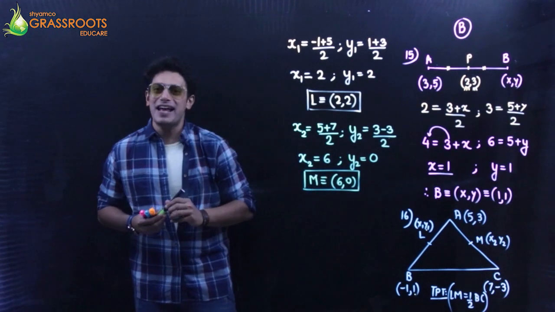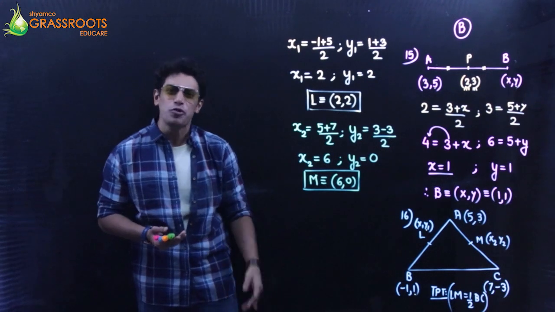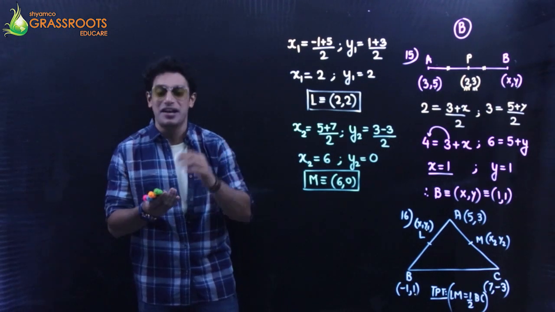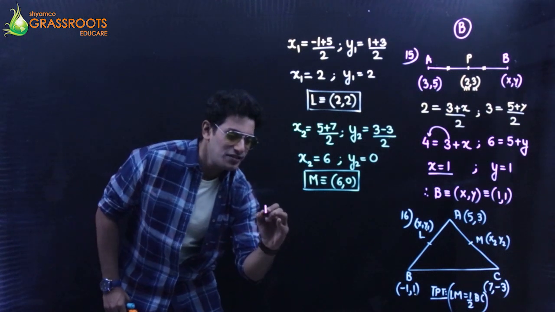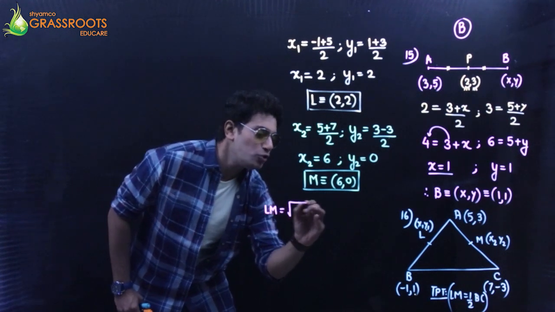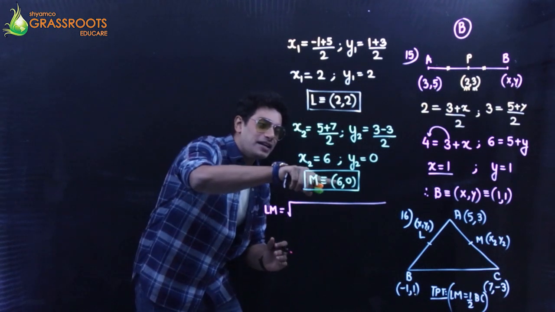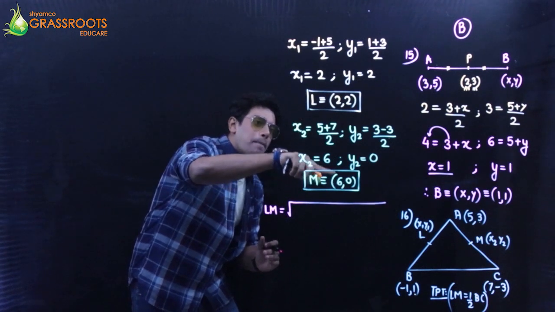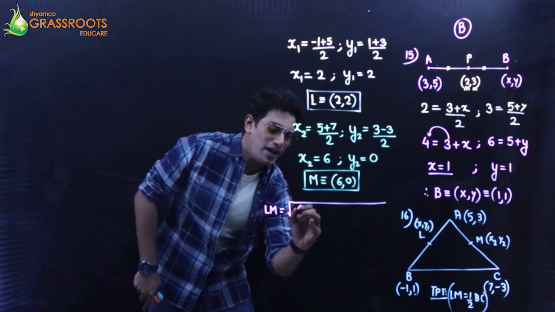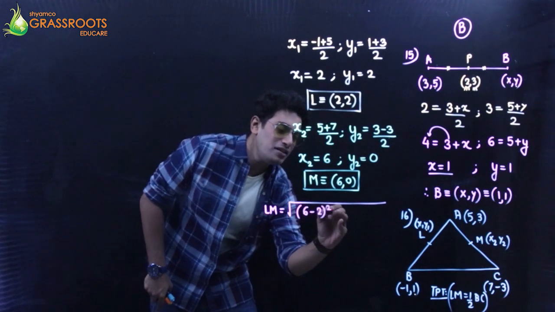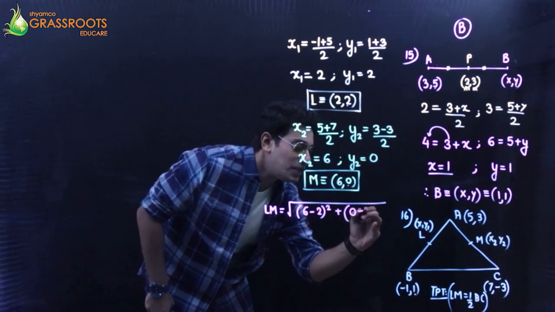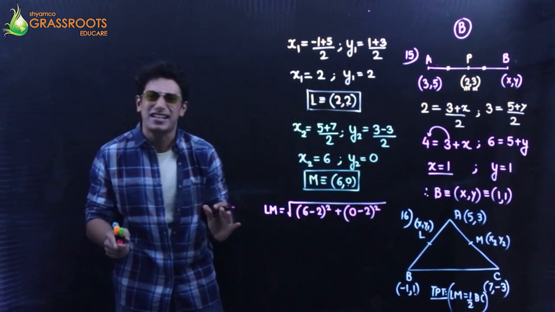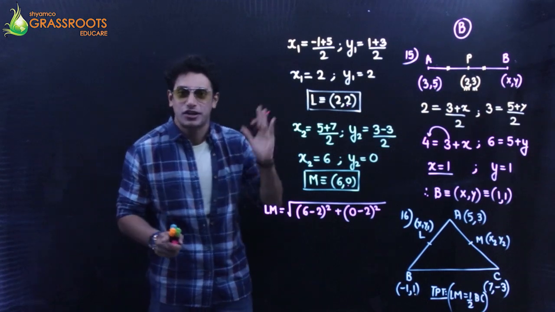Fine. So once you get L and M as the coordinates, can you find the LM distance using the distance formula? Yes. So the distance LM is going to be root of (6 minus 2) the whole square plus (0 minus 2) the whole square. That's it, nothing great.